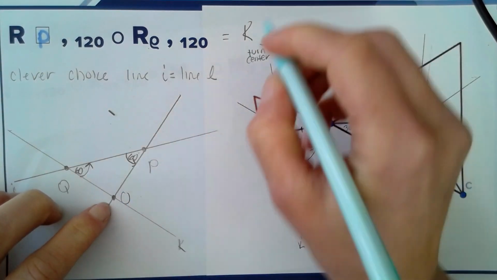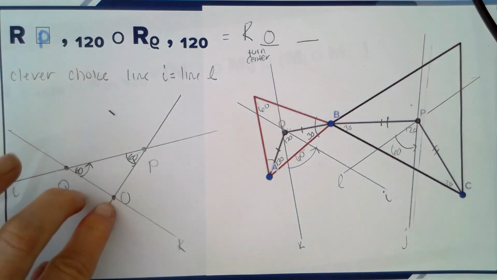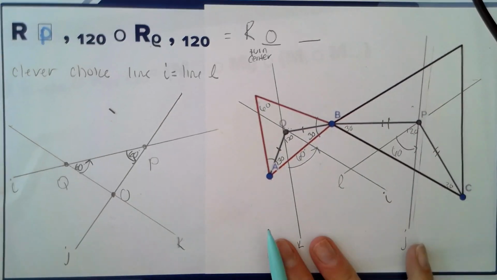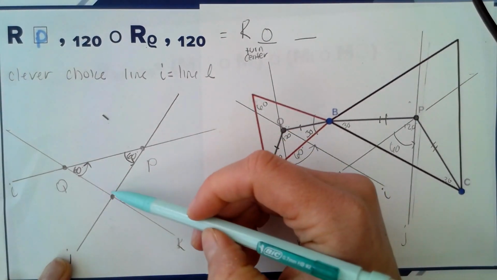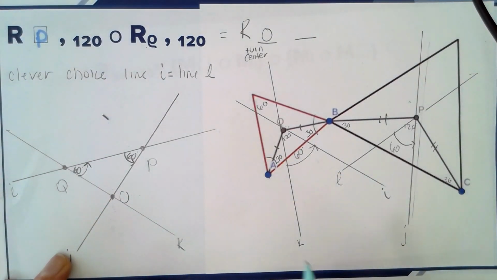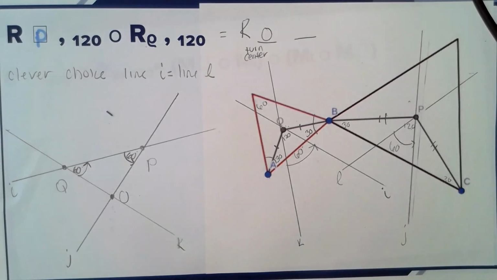We'll call it point O. In order to get the turn angle, first we have to see whether we're getting this angle or this angle. Which one is going to work for our diagram? Do we have to go from K to J or J to K?